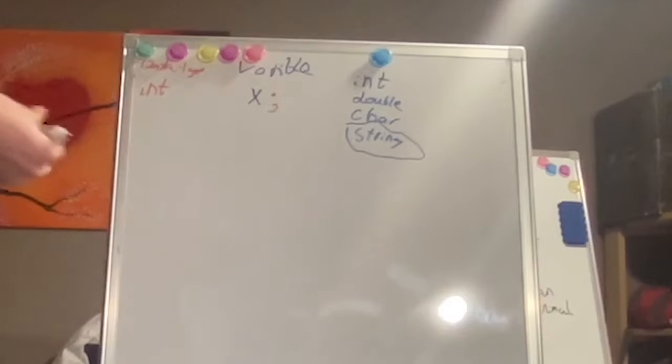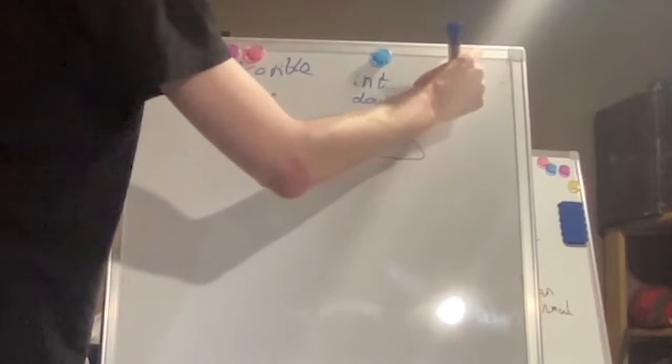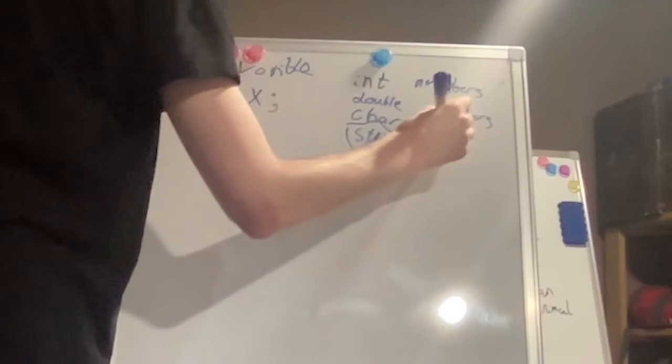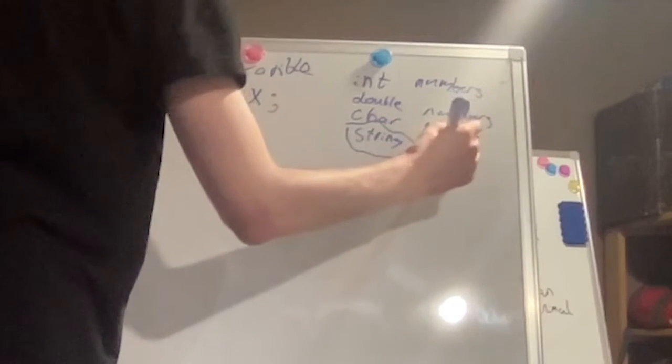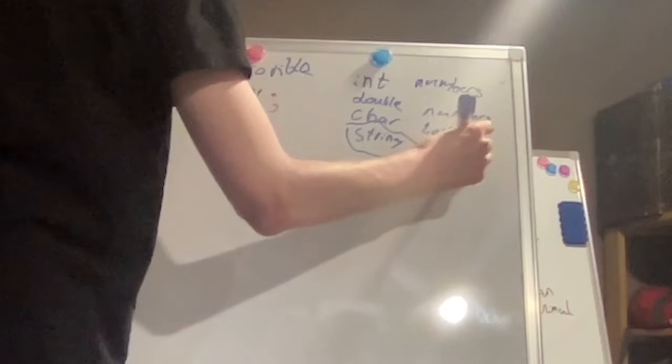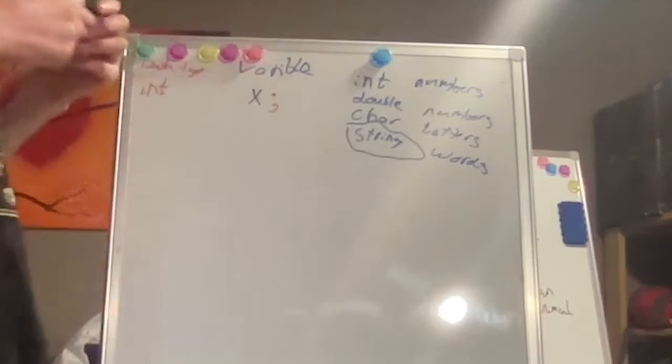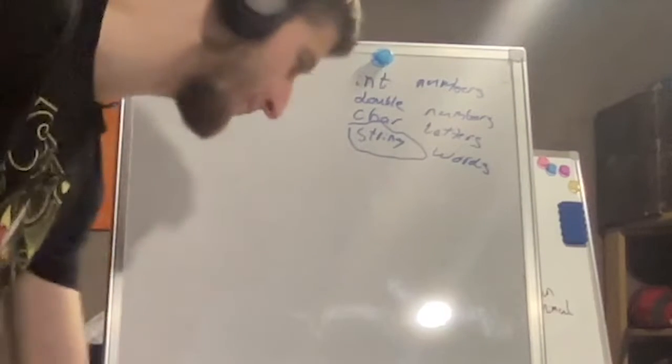Int, we want to use it for numbers, char for letters, and string for words, or sentences if you want. Strings are weird. Anyways, so we'll do a problem now, okay?